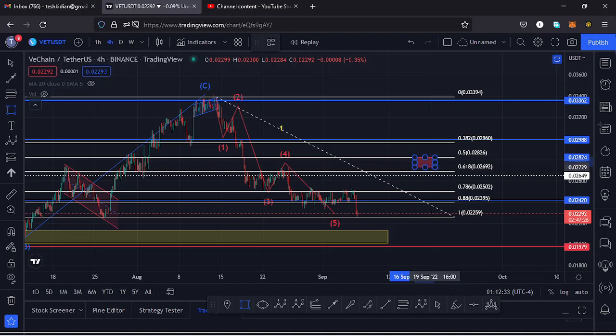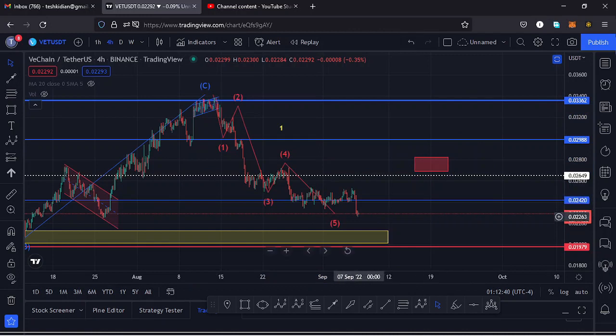That is between the fib level 0.5 and the fib level 0.618 as a minimum, and that is the minimum that I expect that second wave to the upside to do.